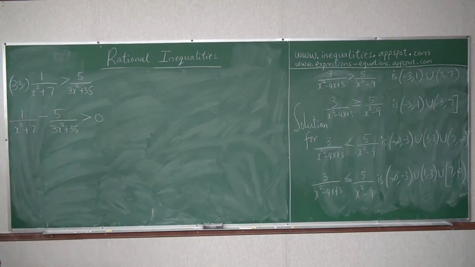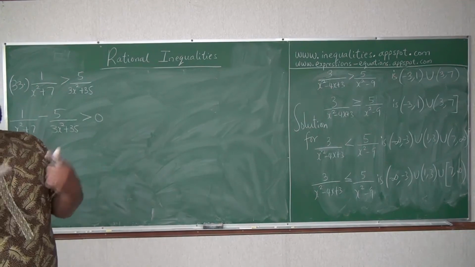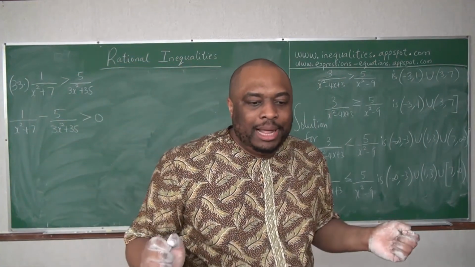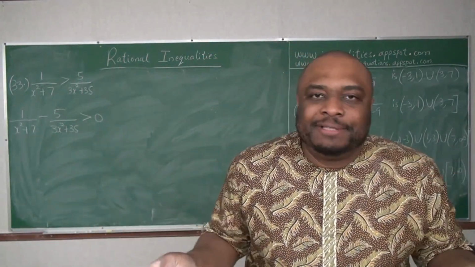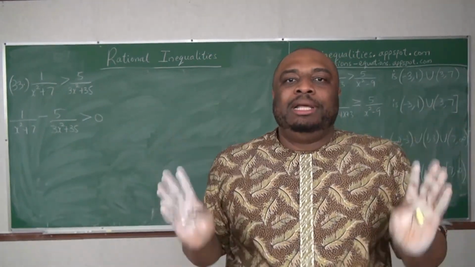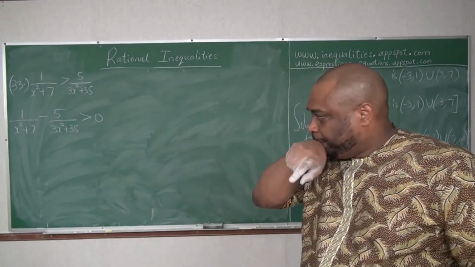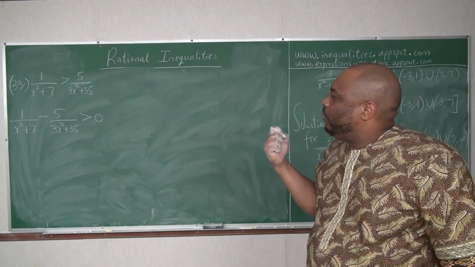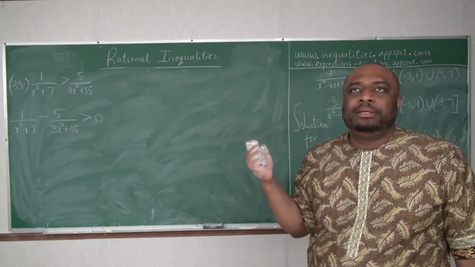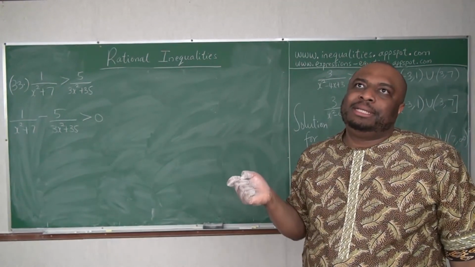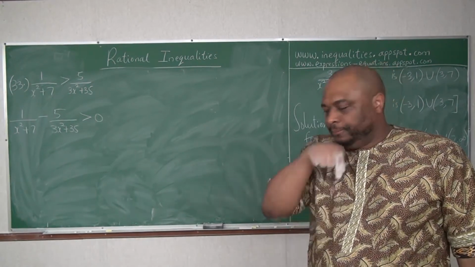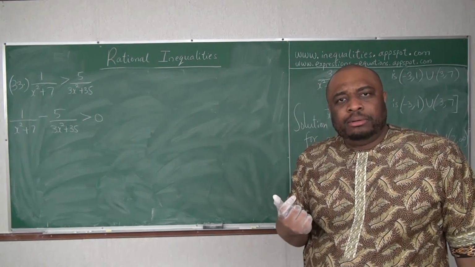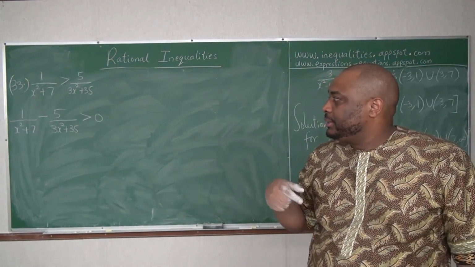Alright. We now want to find the LCD. We want to make the left hand side only one term. But before we do that, we see whether we can find the LCD. And for us to find the LCD, we see whether we can factor the denominators.